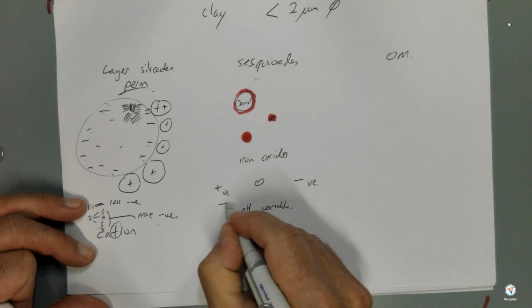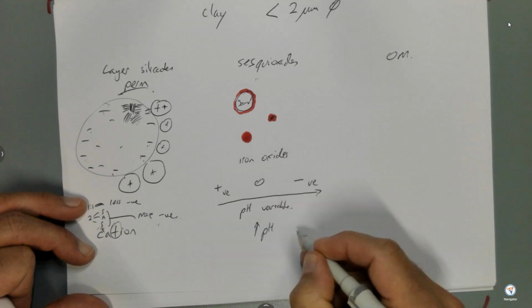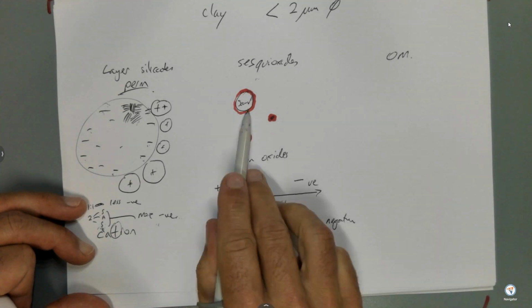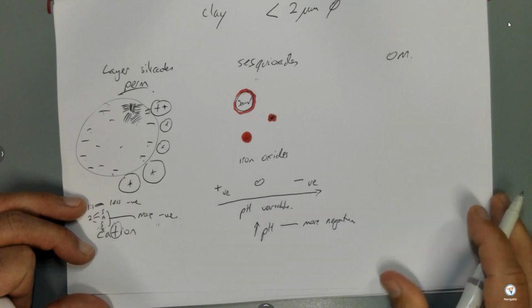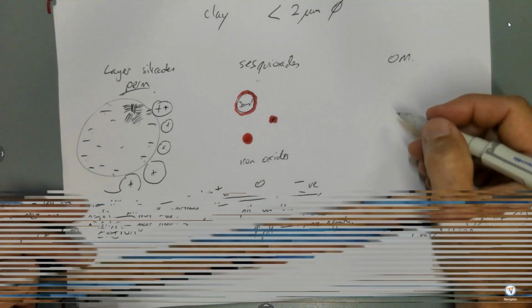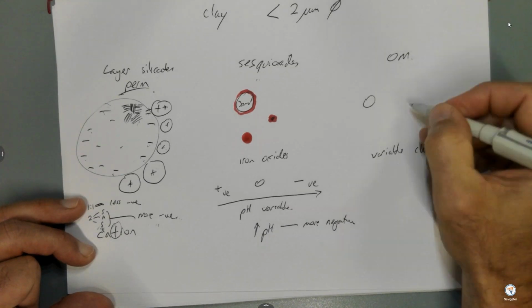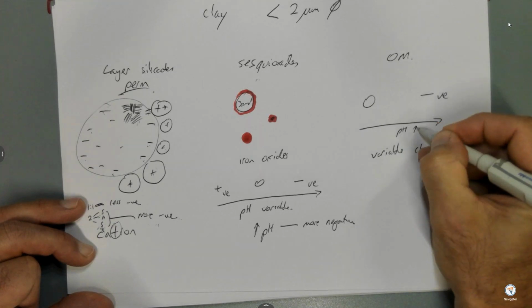And as the pH increases, it goes that way. So as pH increases, we get more negative. So same deal, if this thing had a negative charge, cations would stick to it, and that would retain nutrients. Organic matter also has a variable charge as well, and so it can be neutral or it can be negative, and it becomes more negative as the pH increases.